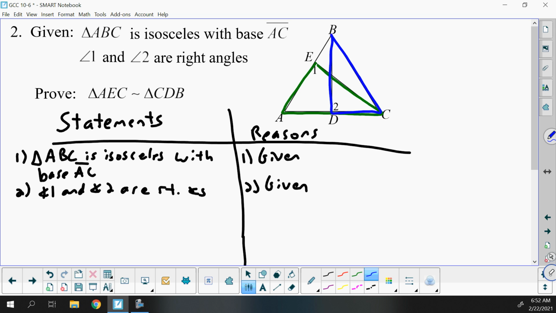And that second given there, they told us we had right angles, so let's just go right ahead and do right angles implies congruent angles. And that'll give us angle 1 and angle 2 congruent. And that already gives us one set of angles.